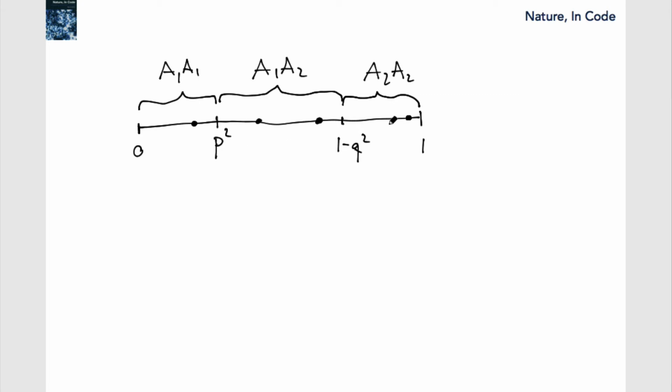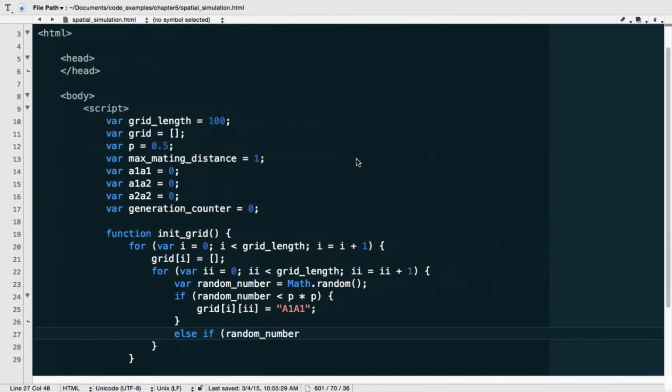We can also first ask, does it land on this space here? It simply lands on this space if the number was larger than 1 minus q squared. So if the random number was larger than 1 minus q times q, and I realize I haven't defined q yet, but stick with me for a second.